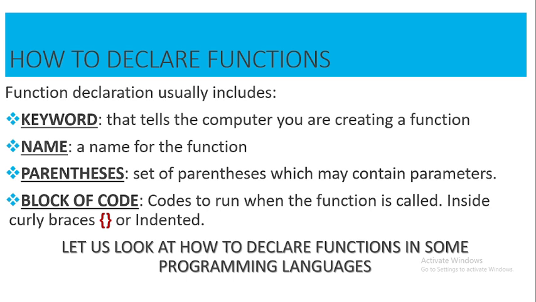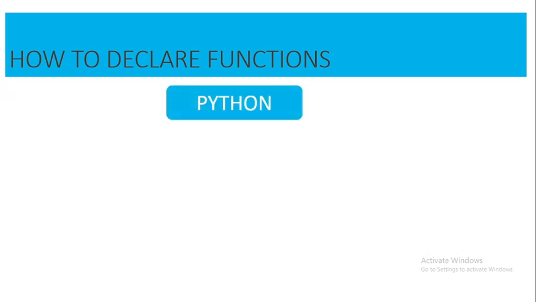Here is how to declare functions in some programming languages. Take the Python programming language. We have def, then greet, then parentheses, and inside the parentheses, name, then a colon. In Python, the colon represents the block of code.